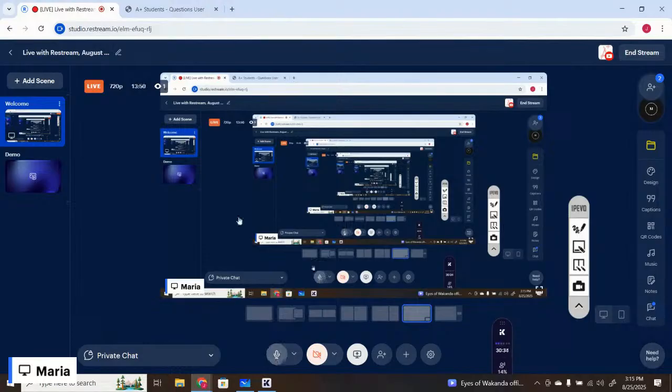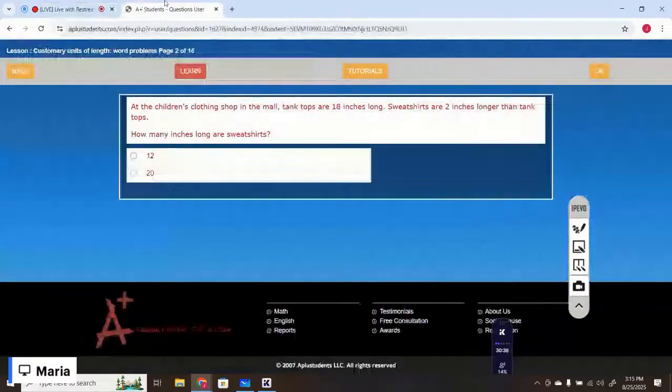Okay, the next one is at the children's clothing shop in the mall. Tank tops are 18 inches long. Sweatshirts are 2 inches longer than tank tops. How many inches long is a sweatshirt? Sweatshirts are 2 inches longer than tank tops, right?